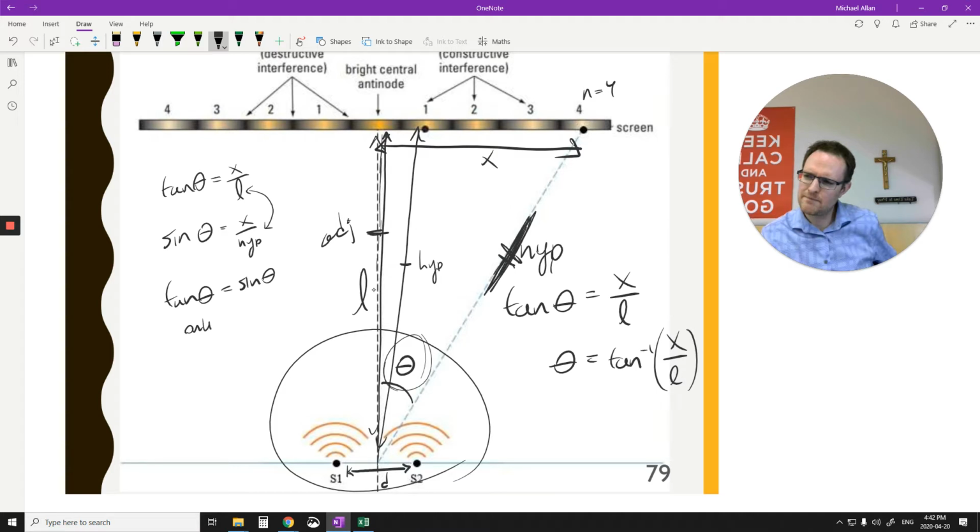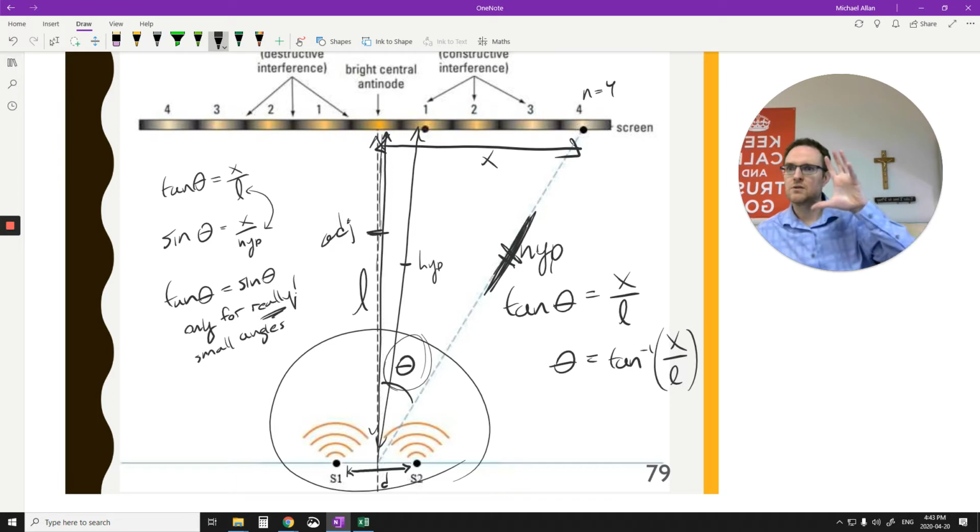Only for really small angles. It has to be so small that those two sides can be considered to be the same length. Then I can say that these two things are equal to each other.